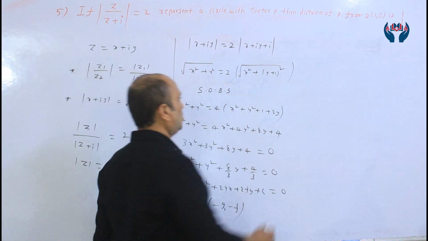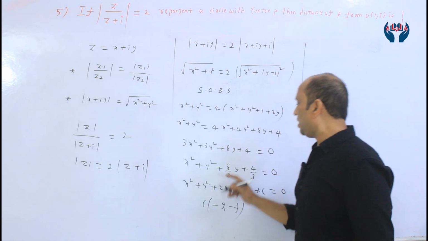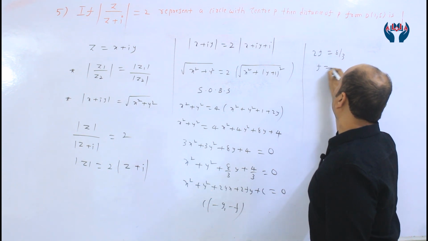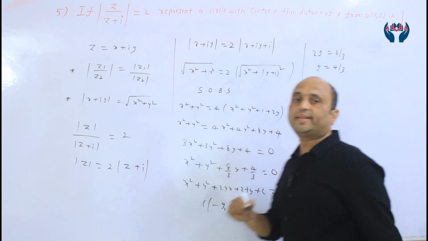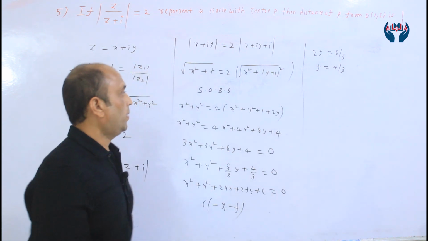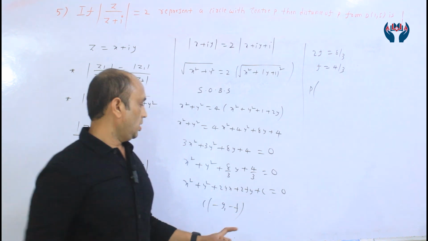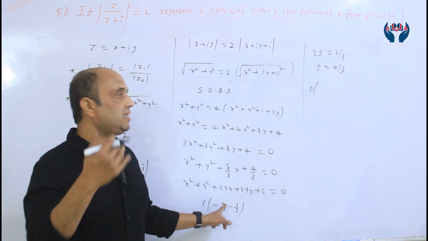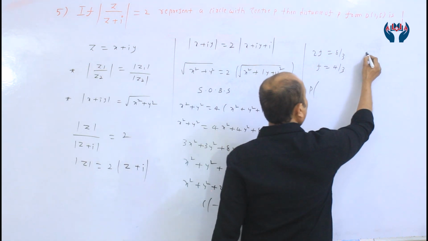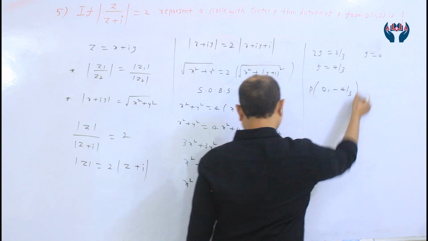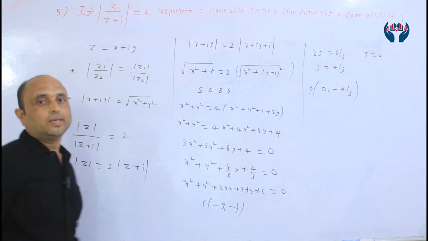Here the g term is not there, so g is 0. 2f is equal to 8 by 3, so f is equal to 4 by 3. So the center, which is P, is (0, minus 4 by 3). This is the center.